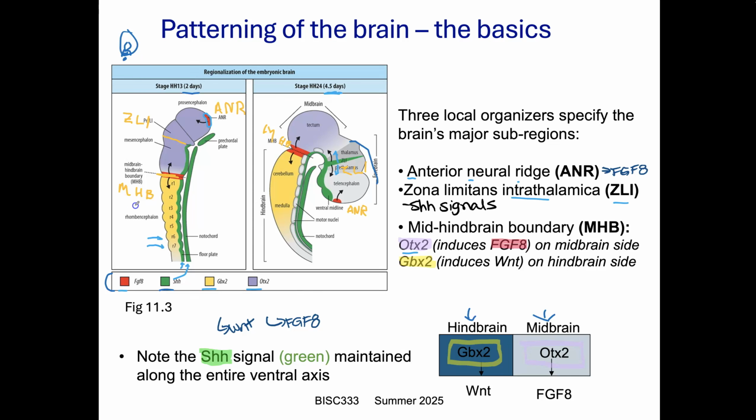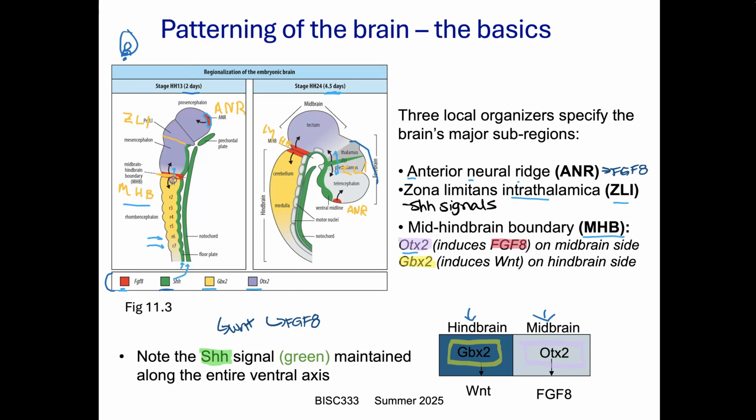And then there's the midbrain-hindbrain boundary, which is the only one really in some ways that is easy to remember because it tells you exactly where it is and what it's doing. It's a boundary between the hindbrain and the midbrain, and it is also sending FGF signals on either side here.